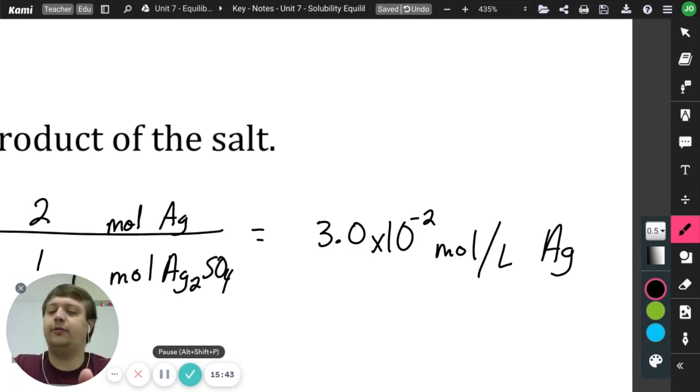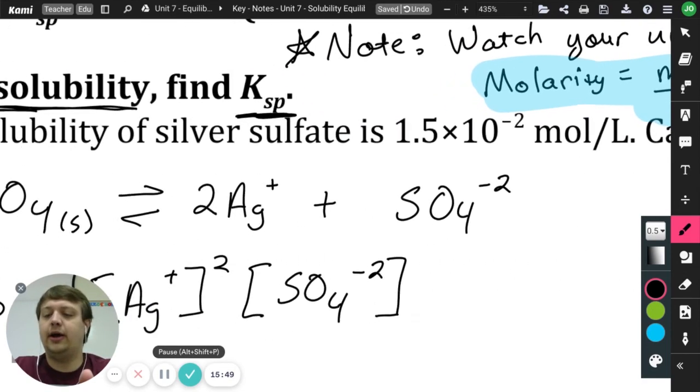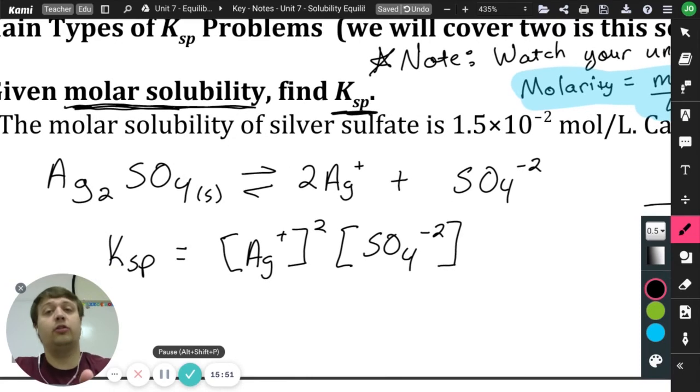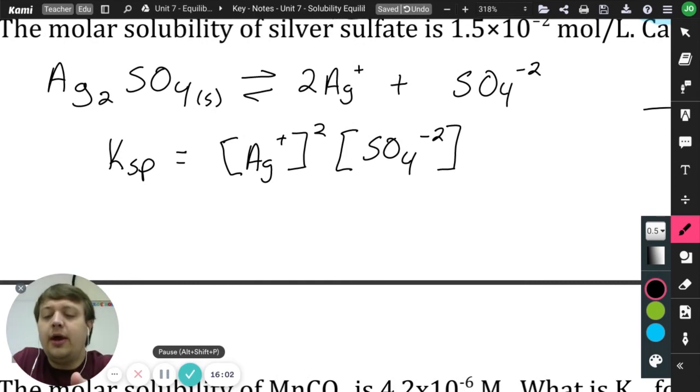And that would be for silver. So we would plug that in. Now, looking at my sulfate ion, we know that that ratio is a 1-to-1 ratio. And so we could just use that molar solubility that silver sulfate has for our sulfate, because it is a 1-to-1 ratio.